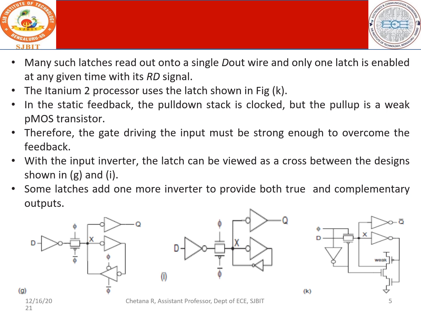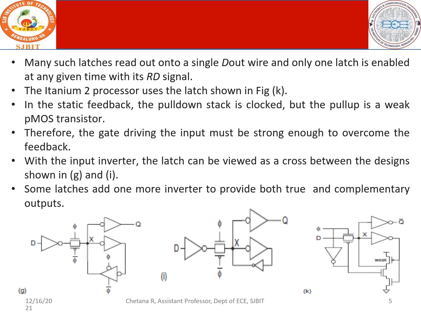Therefore, the gate driving the input must be strong enough to overcome the feedback. With the input inverter, the latch can be viewed as a cross between the designs shown in G and I. So there is an improvement with respect to G and I.